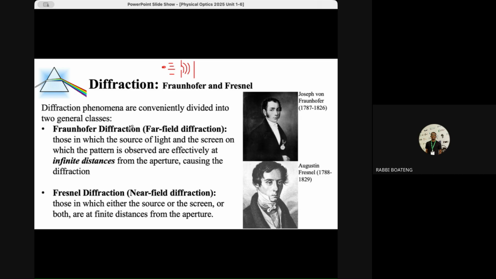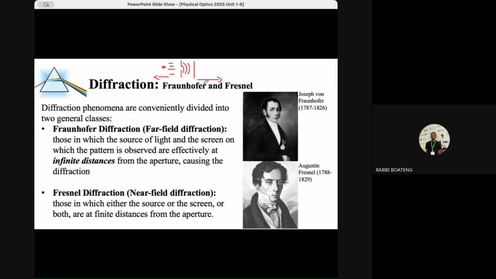Now, when Fraunhofer came, he said that anytime we are dealing with a situation like this, and we have our light source and our screen at a very far distance, in fact infinite distances, from the aperture, we call it far field diffraction.